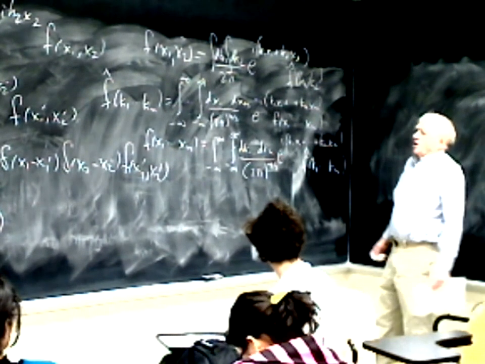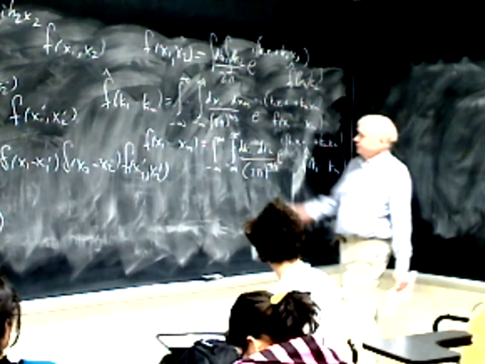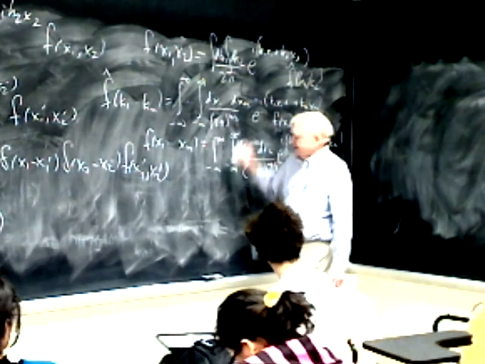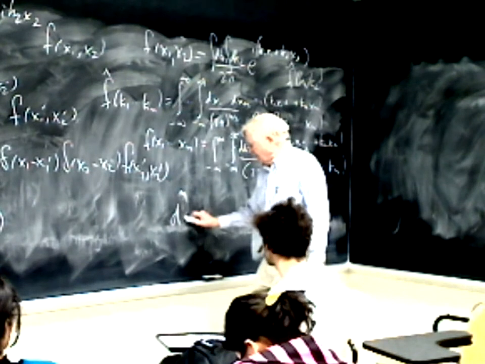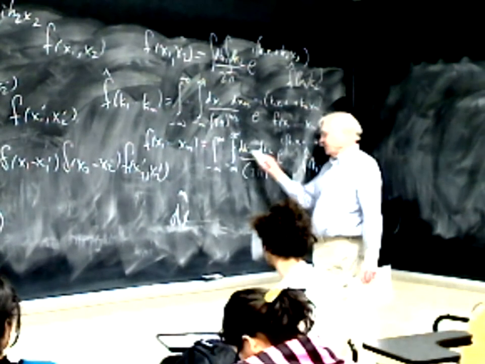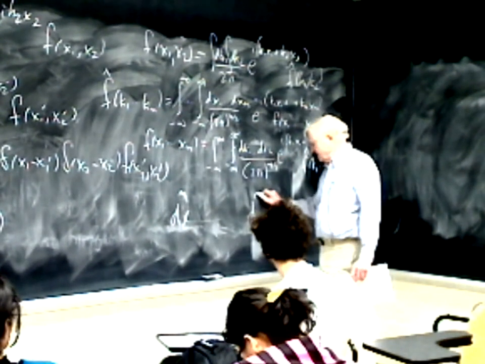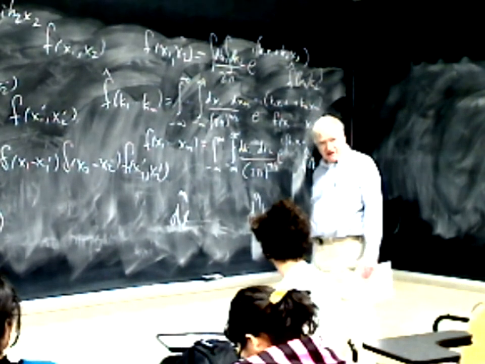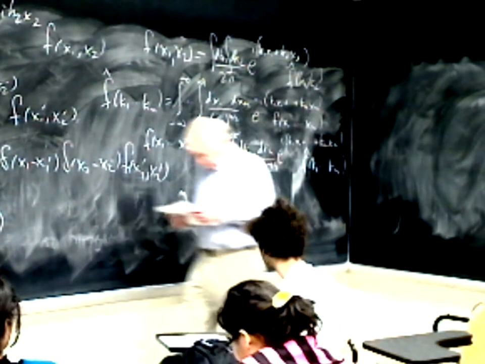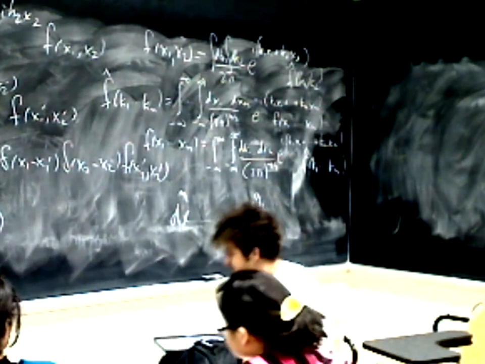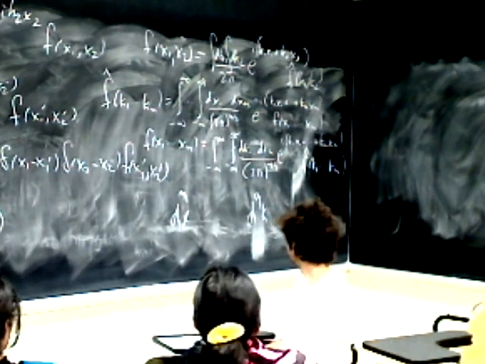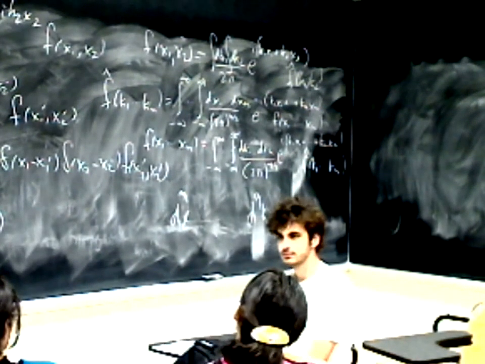Now, often one writes dx1 through dxn as d^n x and dk1 through dkn as d^n k. Okay, any questions?